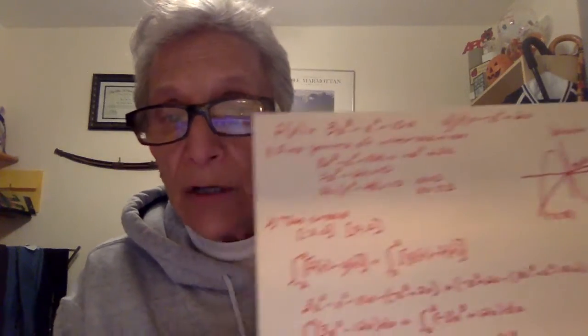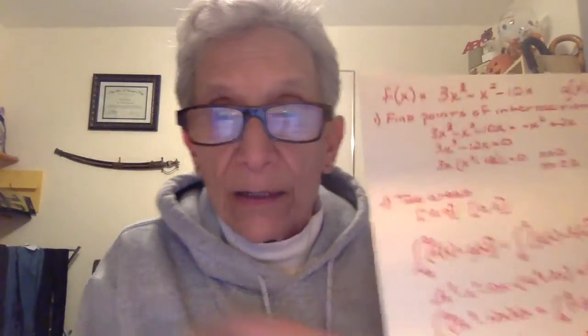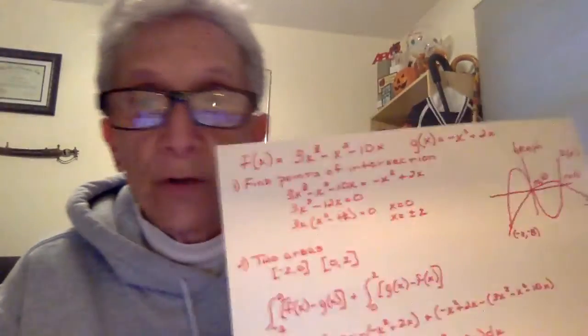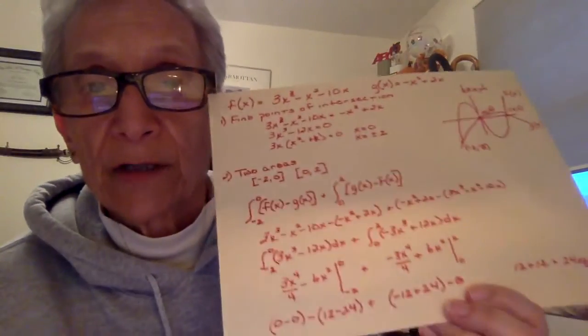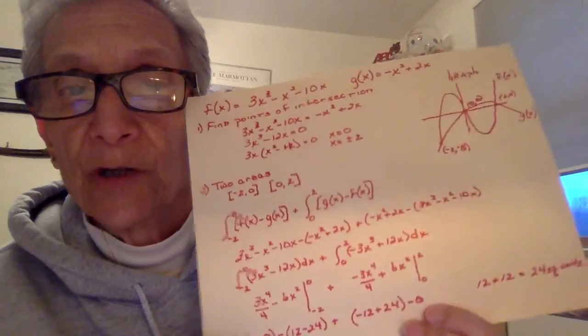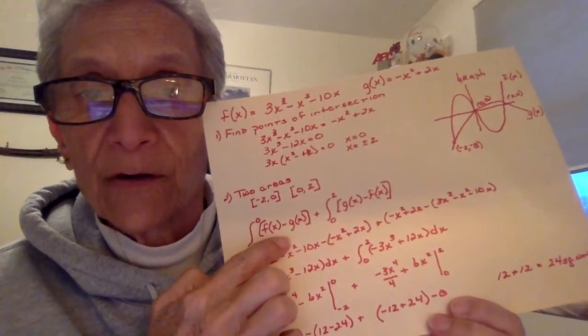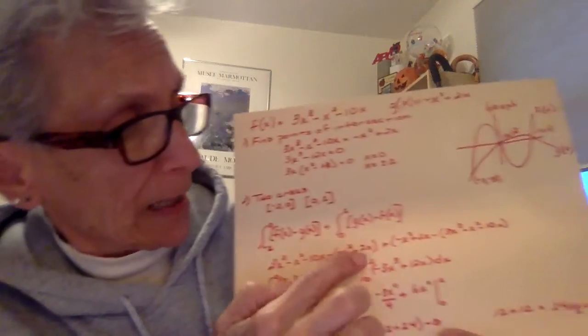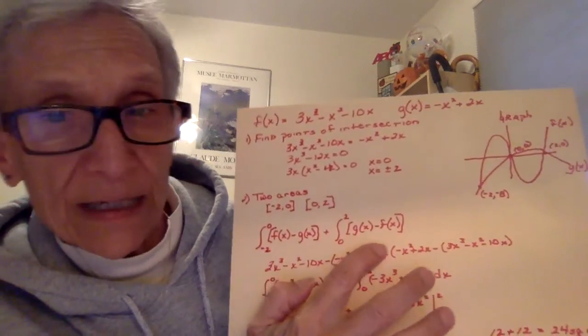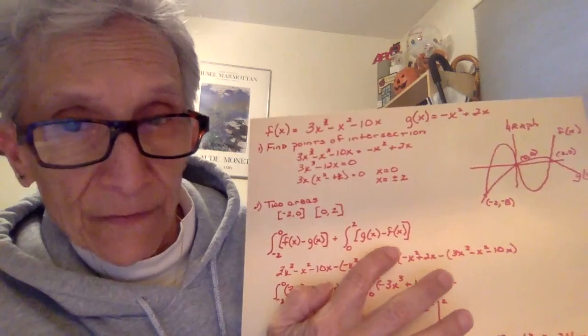Okay? So to do that, we're going to set up two integrals. I'm sorry, I'm just trying to get used to this camera. So we have this integral, f of x minus g of x, and then we have this integral, g of x minus f of x.